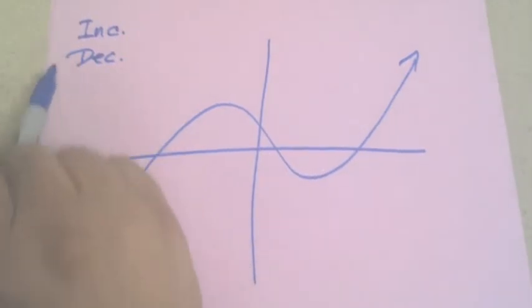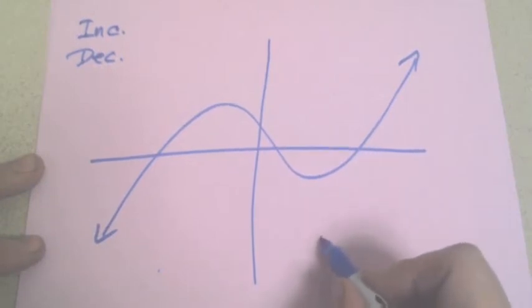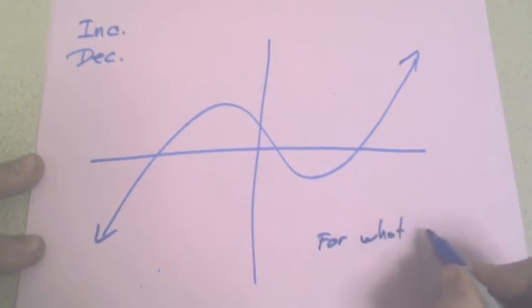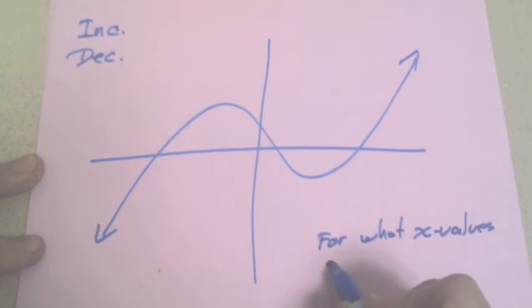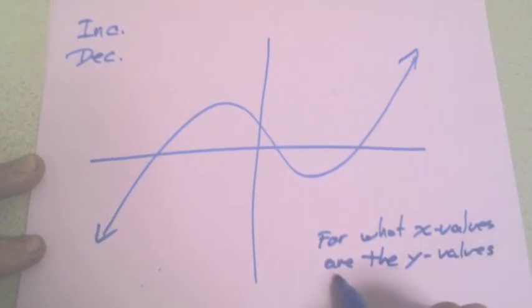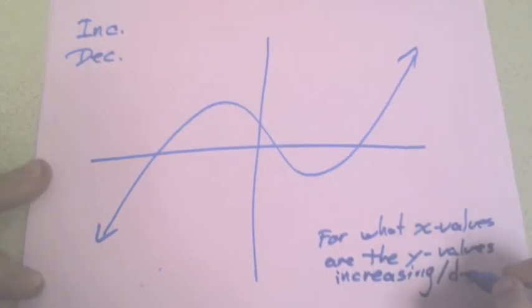When we talk about where the function is increasing and decreasing, we really are asking for what x values are the y values increasing or decreasing.